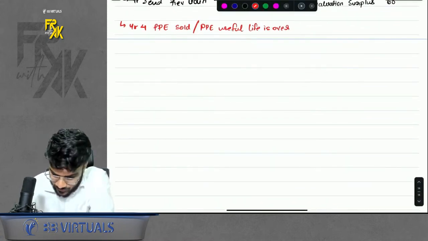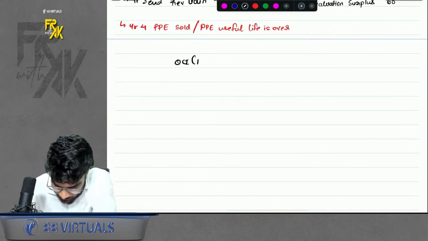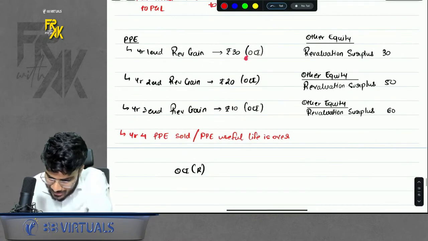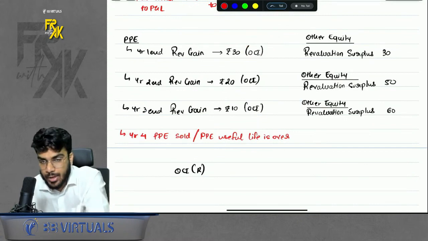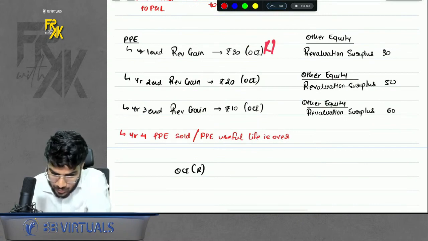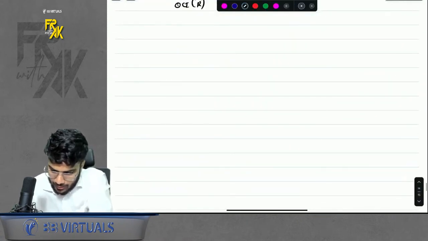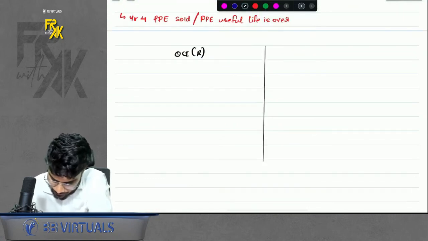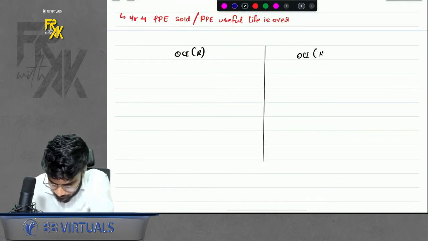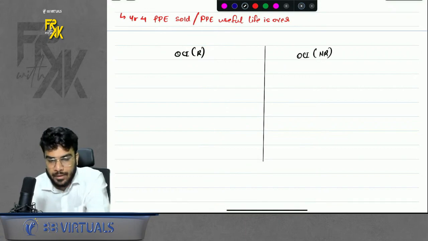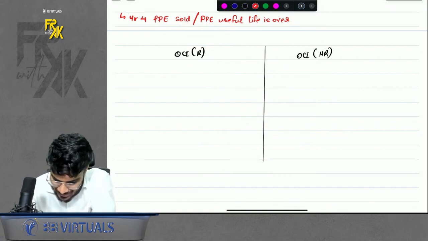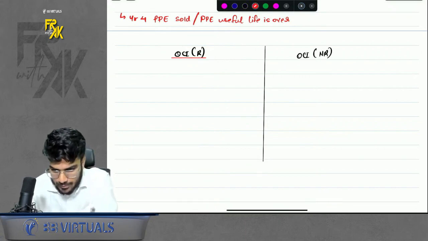So that depends on whether it was classified under OCI R when we were booking the gain, or it was classified under OCI NR. Right? Now, if it was classified under OCI R, see what is the treatment.